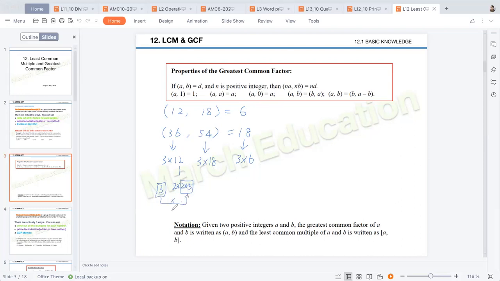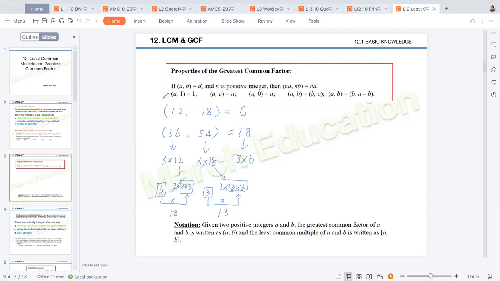So times together, I get 18. And this is 2 times 3 times 3, okay? And here, these are other 3. I just times them together, I get 18. So this is the logic why we can use this method.